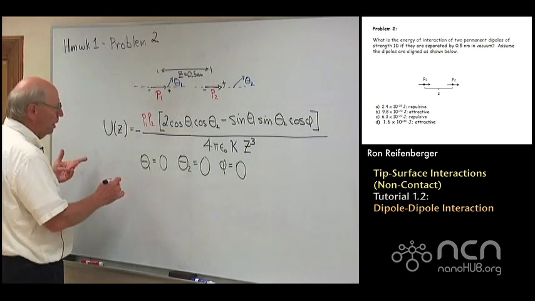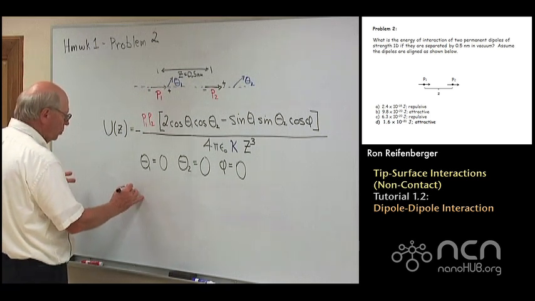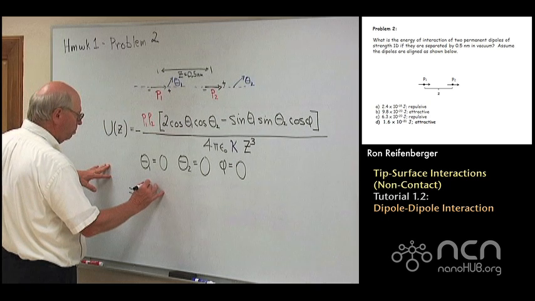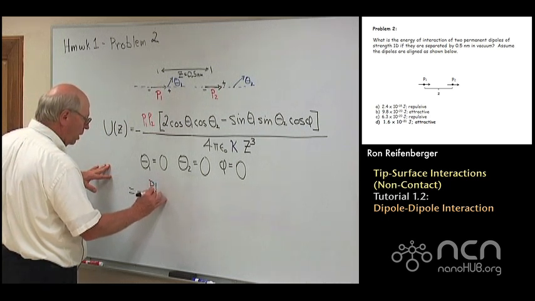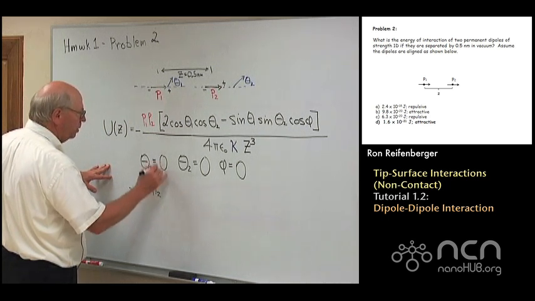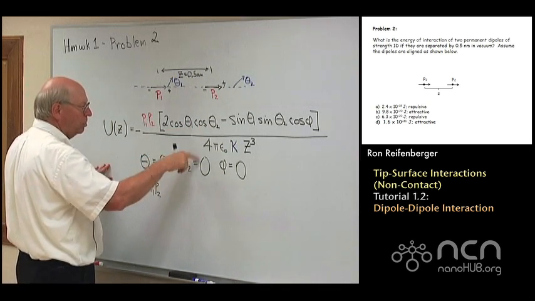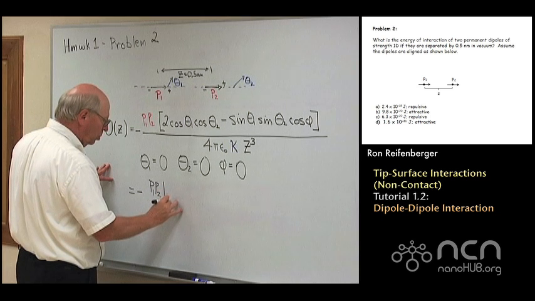So we're in a position now to simplify this equation. The interaction potential energy is minus the product of the dipole moments, P1 times P2. Cosine of 0 is unity, cosine of 0 is unity, so this is just 2.